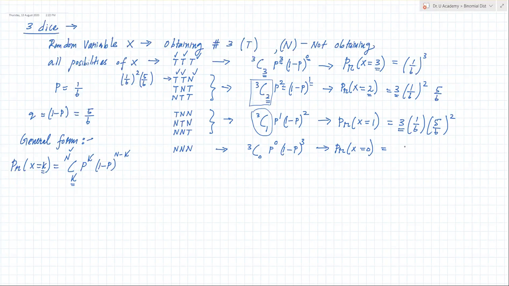So you have 5 divided by 6 to the power 3. What is the coefficient here? The coefficient should be 1. Why? Because you have one set here, and if you mathematically solve it, your answer would be 1. So this physical situation, we are going to represent by math. So math should give the right thing.